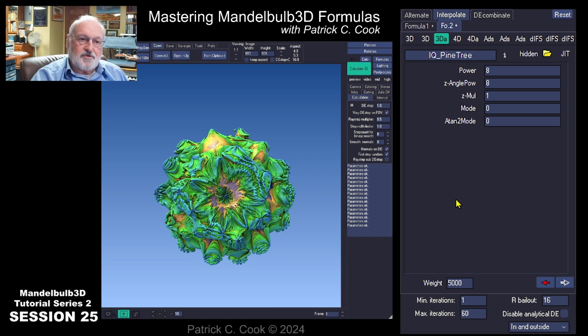Again, it doesn't change. So it's important to keep in mind that the weighting between these two formulas is just a very simple integer value. It's not a percentage, whereas 1 to 0.5 produces the exact same result as 10,000 to 5,000. Okay? I just wanted to make that point.